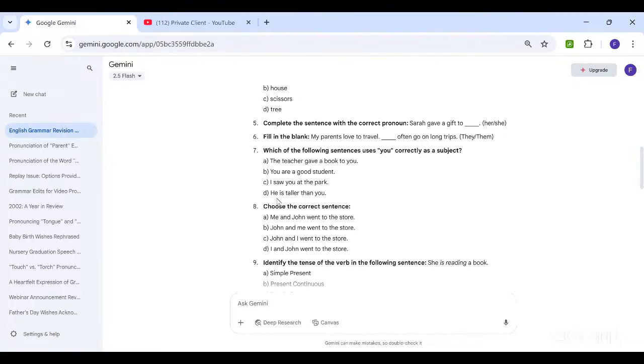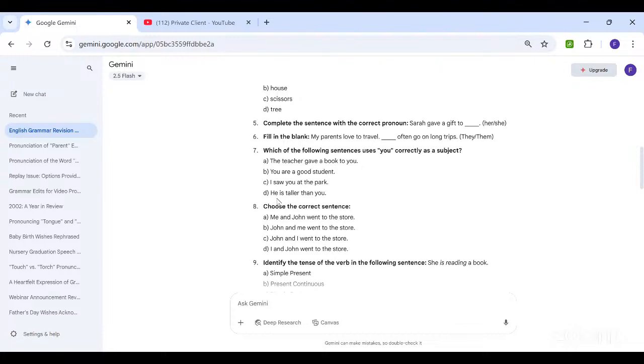Because in the first sentence, the subject is the teacher. In the third sentence, I is the subject. In the last sentence, he is taller. So B remains the answer.